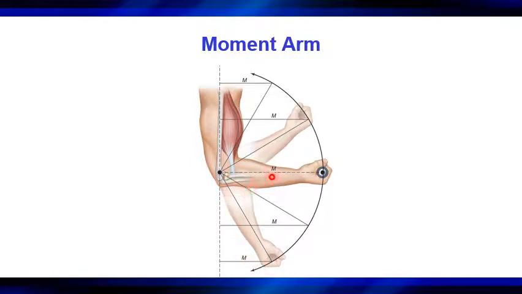Here, it's at its longest. So what do we need? We need this tendon to be as far away, and that all matches up. When the resistance arm, or the moment of the resistance, is at its longest, so is our force moment arm.